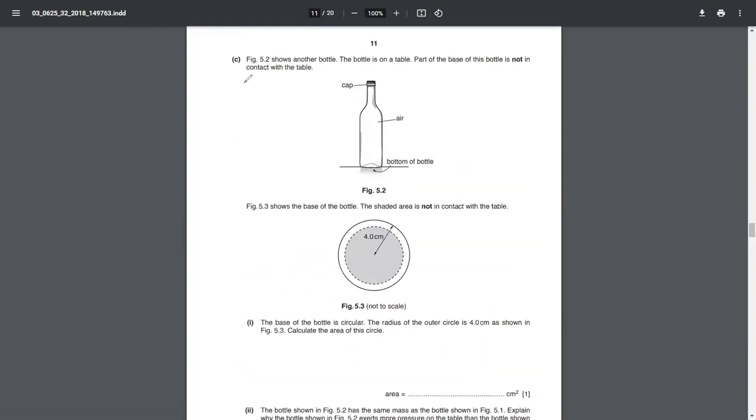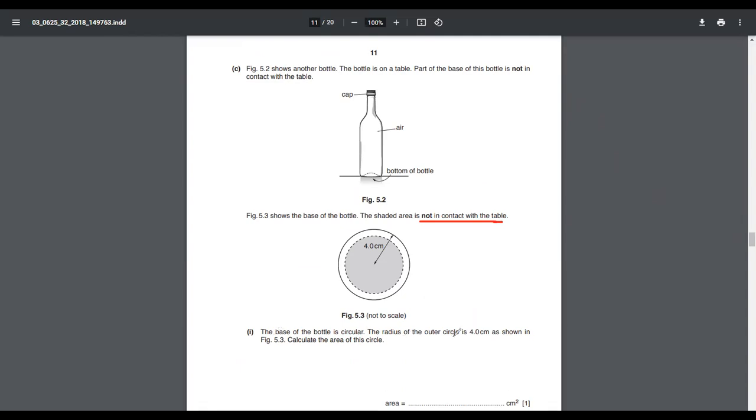C, the bottle has a cap. Figure 5.2 shows another bottle. The bottle is on a table. Part of this bottle is not in contact with the table. Figure 5.3 shows the base of the bottle. The shaded area is not in contact with the table. The base of the bottle is circular. The radius is 4, as shown in figure 5.3.